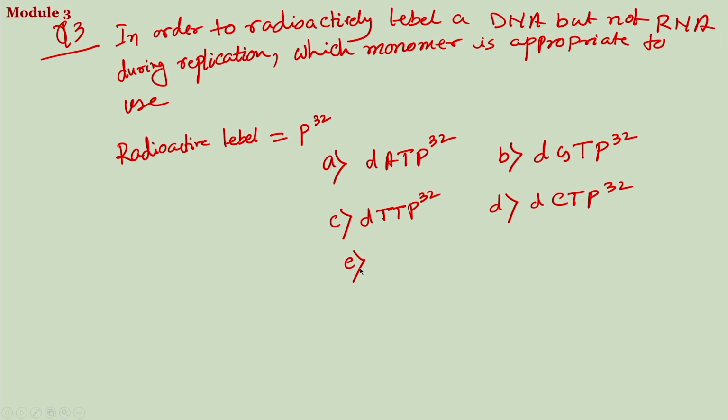This last one, dUTP. Now, out of these 4, which monomer will you actually use to tag the DNA selectively and not the RNA?